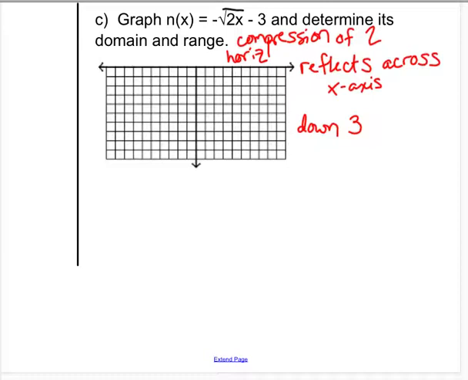So I'm going to jot down our parent function values again. And think about all of these different combinations of things that we're doing to them. So first of all, compressing 0 by 2 will not affect it. Reflecting it across the x-axis won't affect it, but I am shifting it down 3.